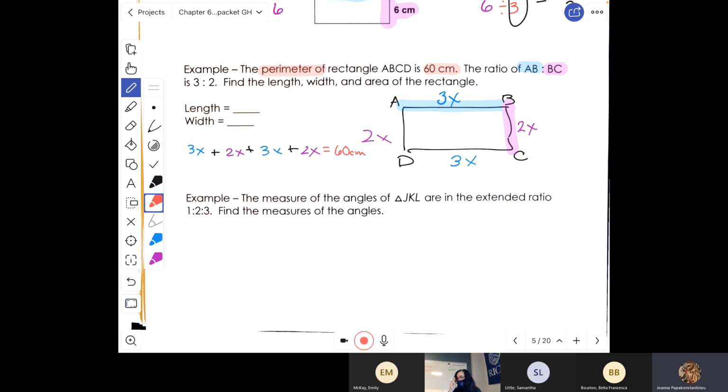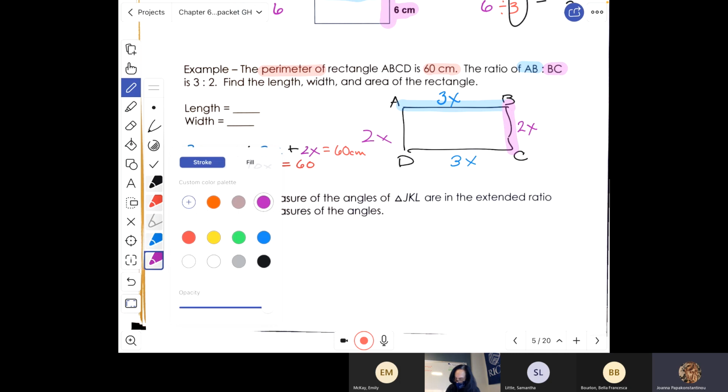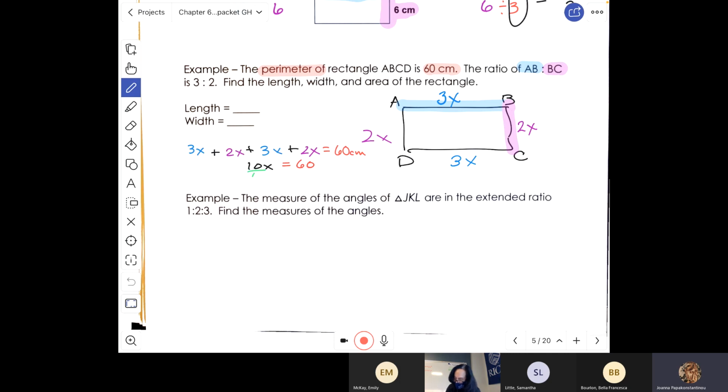So if I combine my like terms, all my x terms, 3x plus 2x plus 3x plus 2x, how many x's do I have? I have 10 x's, and I know that that equals 60. So then how would I solve for the value of x? I would divide each side by 10, and I'd get that x equals what? 6 centimeters.